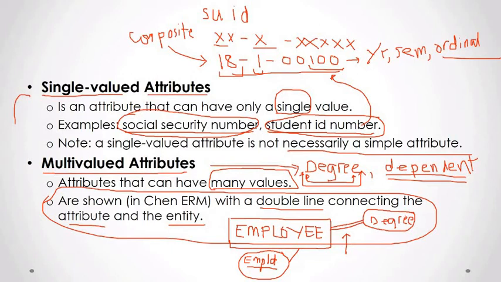It's a good design practice to always subdivide or break the multi-valued into several attributes already, rather than waiting for it to be implemented. Okay.